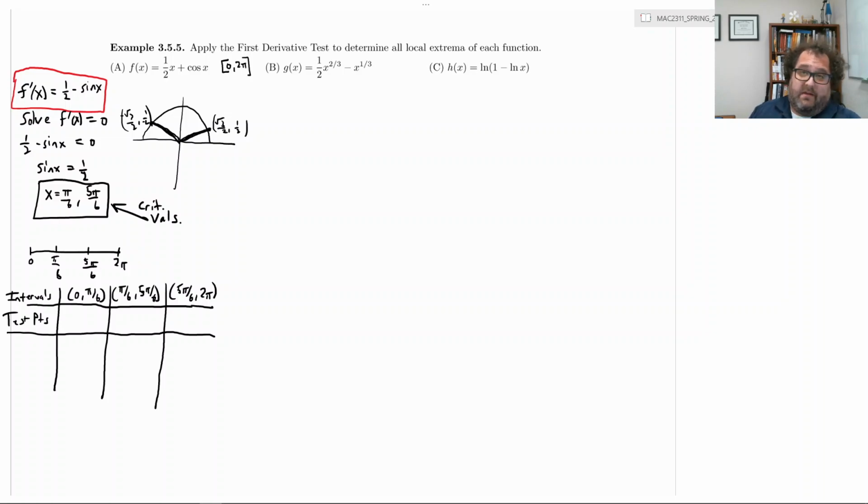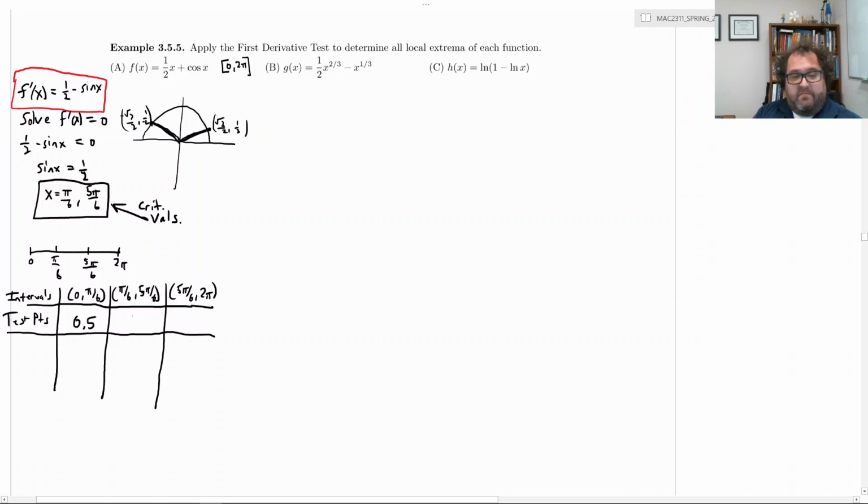But that wouldn't be cool. Basically, what's pi over 6? Pi over 6 is approximately 0.52. So what's a number between 0 and 0.52? You can just say 0.5 and then use a calculator to figure out the sign.